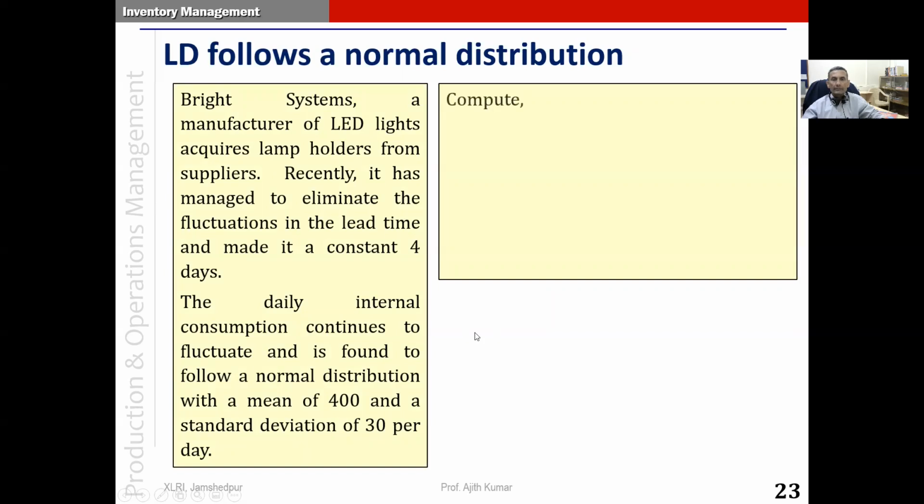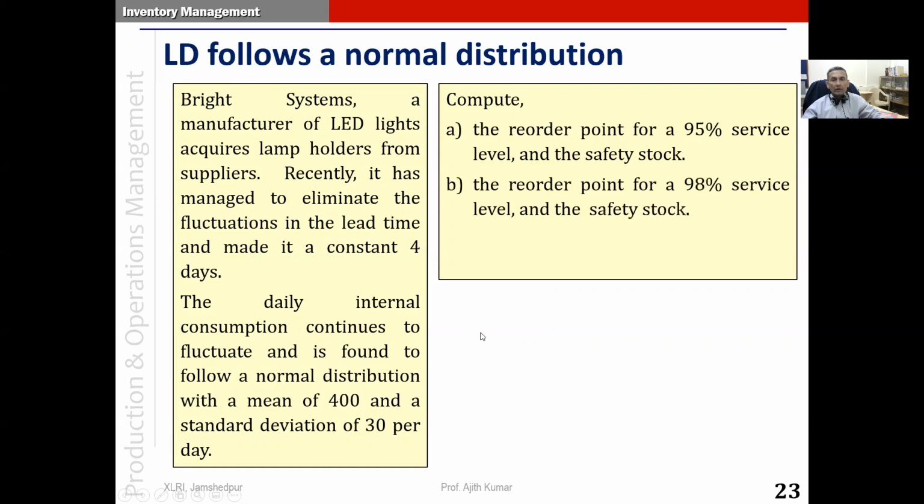So compute the reorder point for a 95% service level and the safety stock, the reorder point for a 98% service level and its safety stock, and the service level and safety stock if we are told that the reorder point is 1500. So how do we go about computing these things?